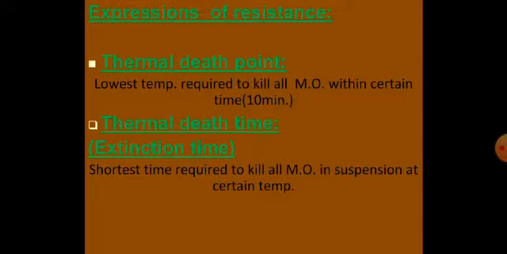I can use much larger doses, but I will obtain larger side effects. So I use the lowest concentration that gives inhibition of the microorganisms in the case of antibiotics. Here also, in non-specific antimicrobial agents and in sterilization processes, I want to obtain the lowest temperature that achieves the sterilization process and also the shortest time.